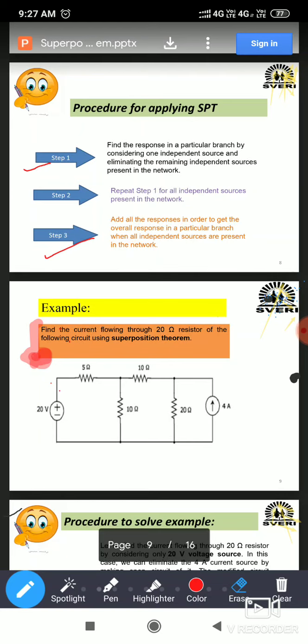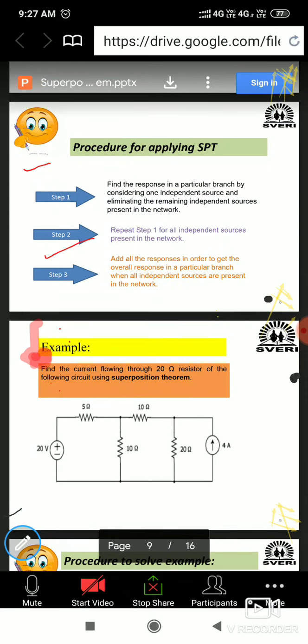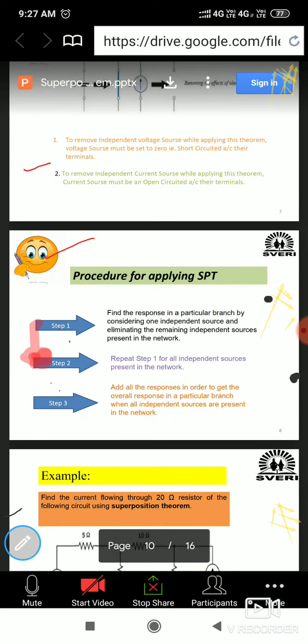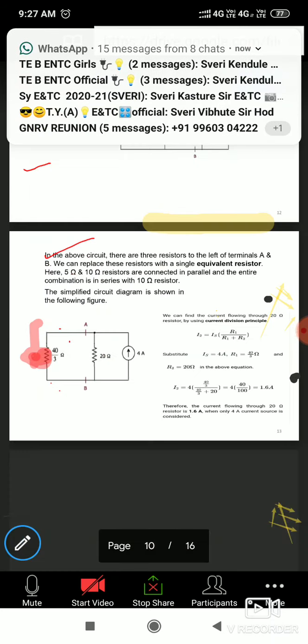So finally we have to add all those responses due to independent sources acting separately, and finally we will get the final response by the superposition theorem. Once again I will repeat the points we have covered.